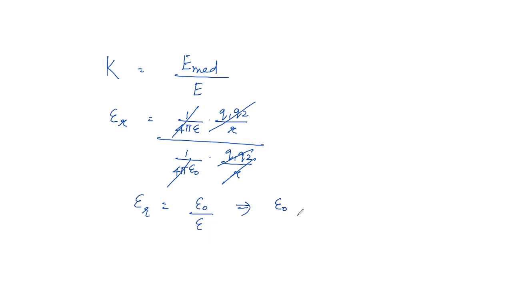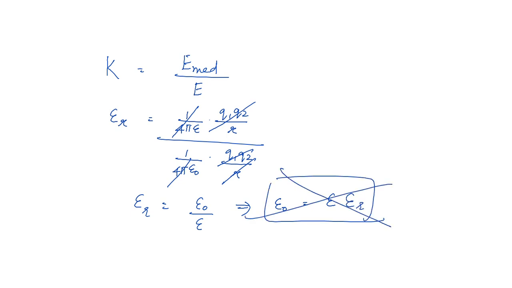So this will give me epsilon naught as epsilon R, which is absolutely wrong. Okay, Auntie, epsilon is epsilon naught epsilon R, isn't it? Yeah, Auntie. Right, children? Got it, all of you?